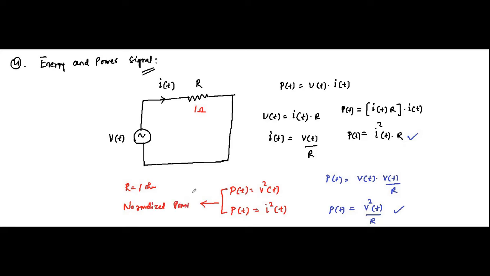Why do we use this concept? Because in electrical or electronics communication systems, we deal mostly with voltage and current signals. Whatever signal values we handle, they are in the form of voltage or current.